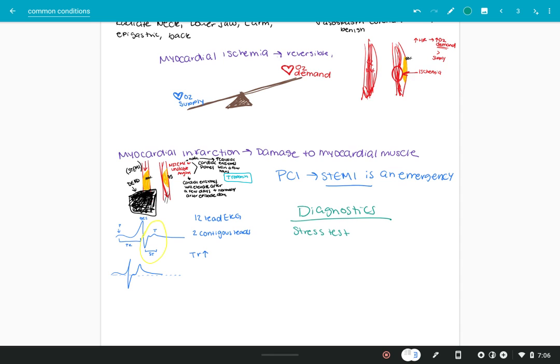But for non-STEMIs, unstable angina, that kind of thing, we're going to look at the stress test, EKG, lipid, and BMP, so like the blood tests, lipid panels, BMPs, and a lot of times we can also do like a catheter. I'm just going to say cardiac cath because I can't spell catheterization. Cardiac cath, and doctors will do like these exploratory cardiac caths.